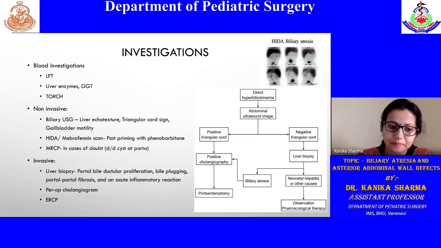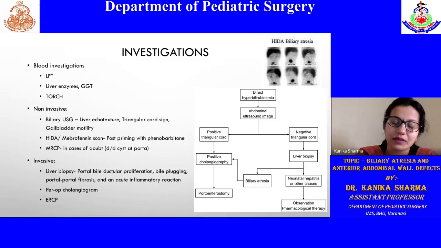Liver biopsy is being done. Peroperative cholangiogram is an investigation which is done on the OT table, where a small catheter is placed in the gallbladder, and it is seen what kind of bile is there. If it is white bile, that suggests there has been no flow from the liver to the gallbladder, so there has to be some atretic segment.